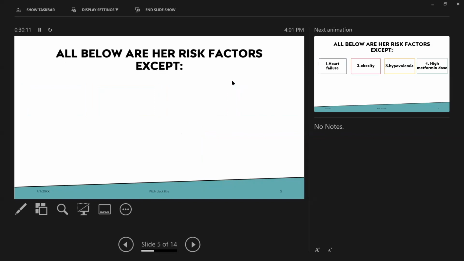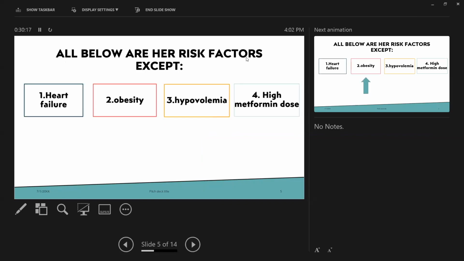So what is a risk factor? I mean, all of the options here are risk factors for her except one, okay? Again, I need you guys to participate. Just type in the chat group. This one, the two presenters, Zul and Hassan, also don't know. Hey, actually, they know lah. Yeah, they looked at the answer already.